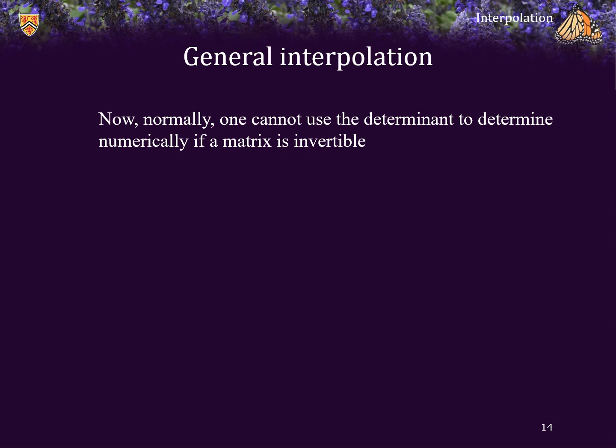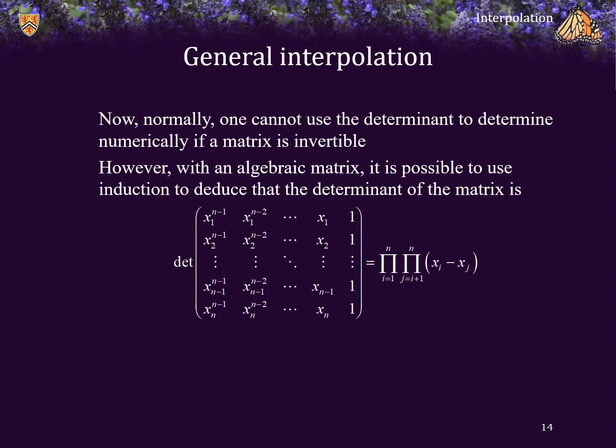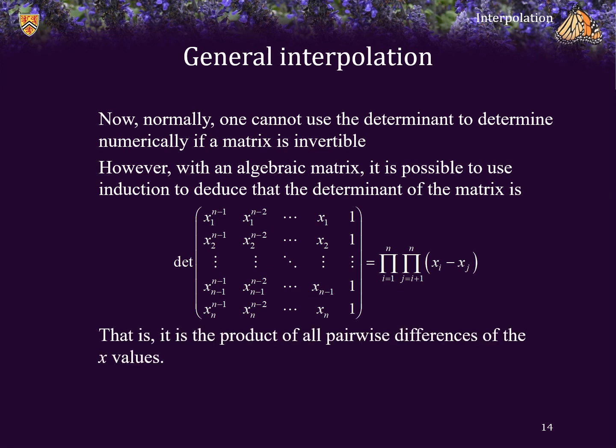Now, normally one cannot use the determinant numerically to determine if a matrix is invertible. However, this is an algebraic matrix, and thus it is possible to use deduction to deduce that the determinant of the Vandermonde matrix is this product of products. In fact, it's the product of all possible pairwise differences of the many different x values.